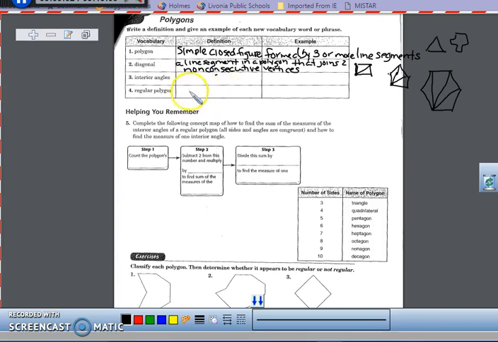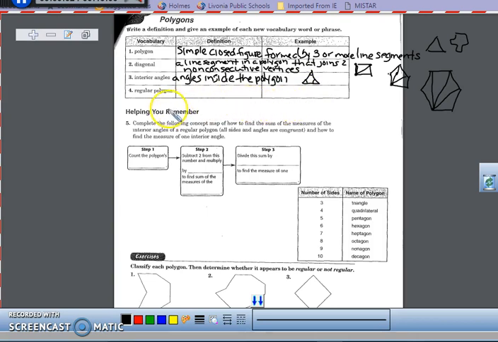Alright, interior angles are angles inside the polygon. Okay, so here's my triangle. Interior angles would be these angles inside. Okay?